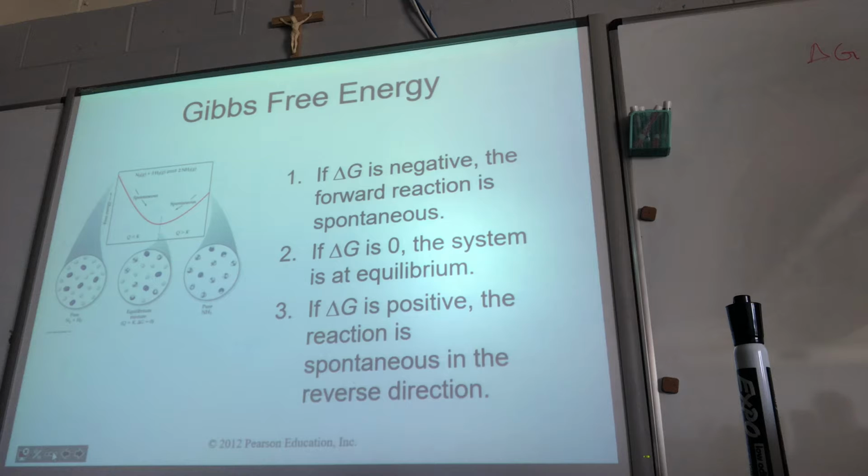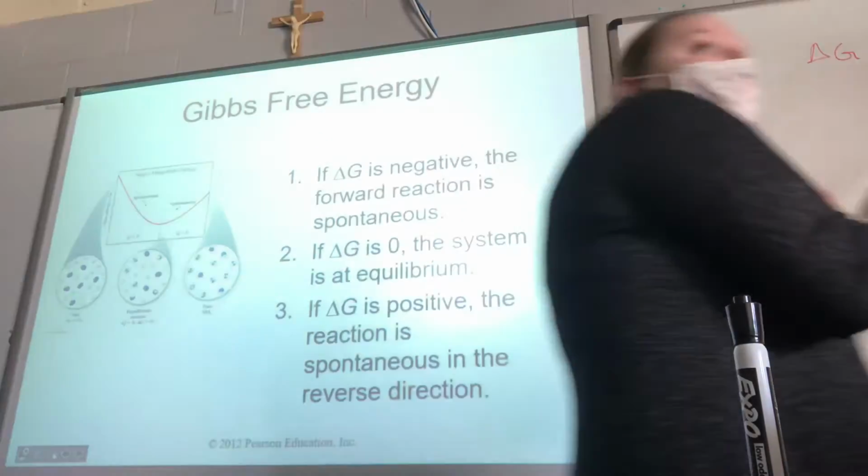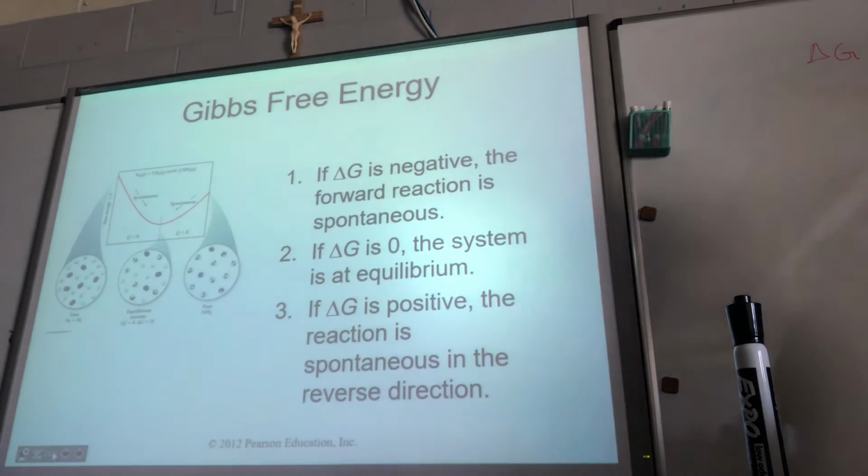Okay? That first one says when delta G is negative that the reaction is spontaneous in the forward direction. You can make the assumption that it is not spontaneous in the reverse direction as a result. What's going to end up happening here is we're going to see that delta G values can be flipped. Positive and negative indicate spontaneous or not spontaneous.